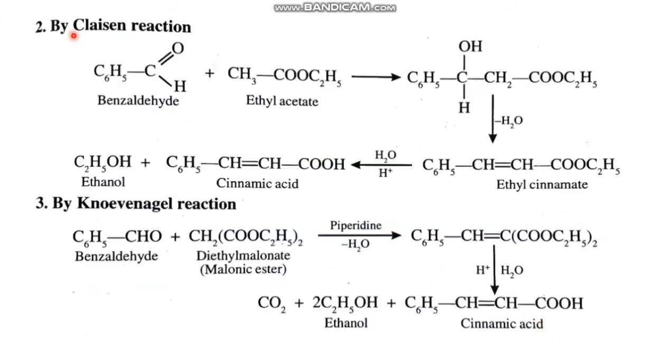Then the second method, the Claisen reaction. In this reaction, benzaldehyde is treated with ethyl acetate in presence of sodium ethoxide, followed by acid hydrolysis of the resulting ester.